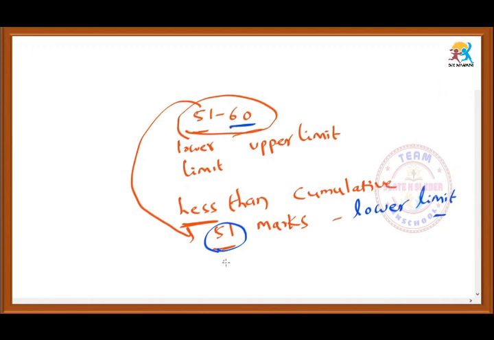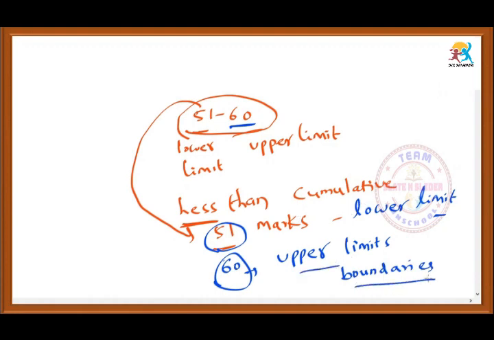Yes, we can, because 60 is the upper limit. That's why while finding the less than cumulative frequency, we have to take the upper limit or upper boundary. This you have to remember.